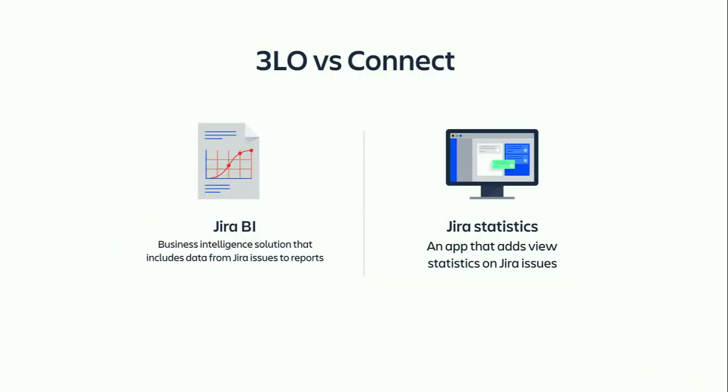Let's take a look at an example app. So we have two things which do kind of similar stuff. We have a Jira Business Intelligence solution, which will just pull data from Jira, and it will use that data to compile reports and show trends and graphs based on those issues.